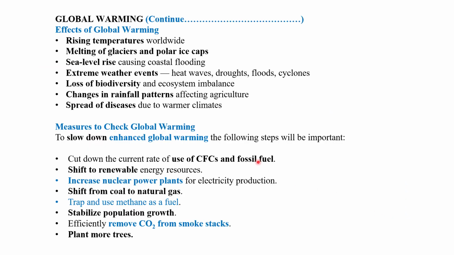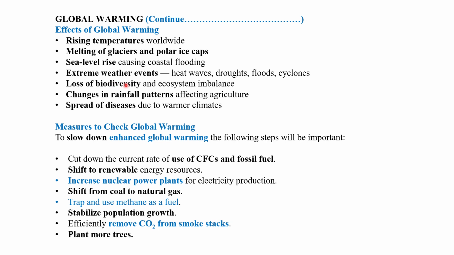So we can see what the effects of global warming are: rising temperature worldwide, and melting of glaciers and polar ice caps will take place. Sea level will rise because of the melting of glaciers, causing coastal flooding, extreme weather events, heat waves, droughts, floods, and cyclones.